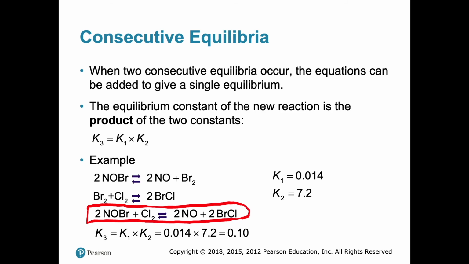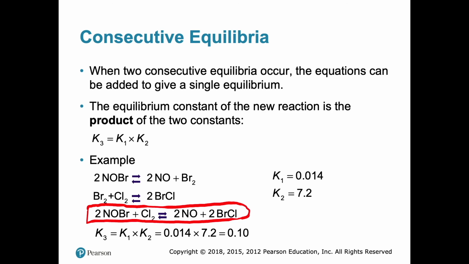So how do you figure out the equilibrium constant for the overall reaction when it's a two-stepper like that? All you do is multiply the first one times the second one, and you get the third one. And the overall one is 0.1.